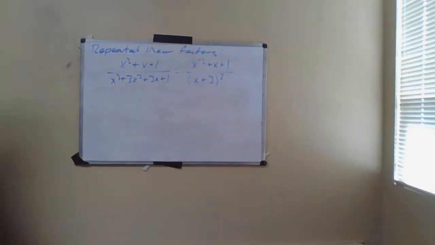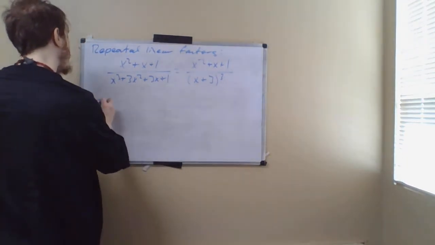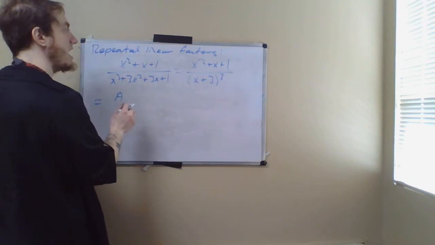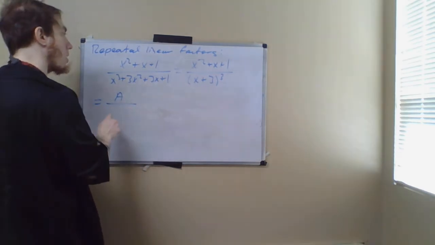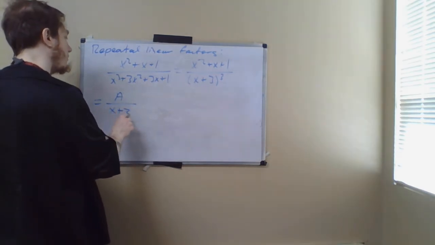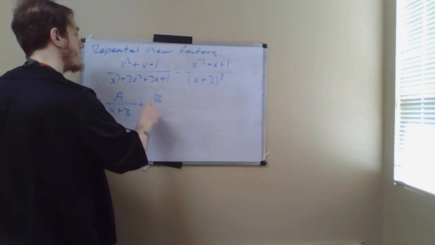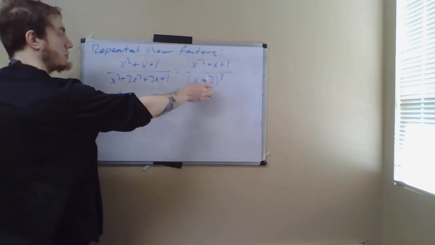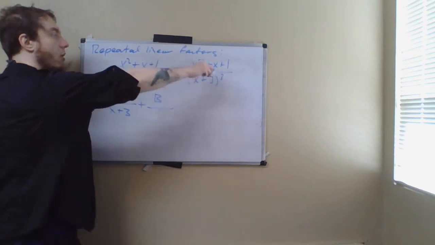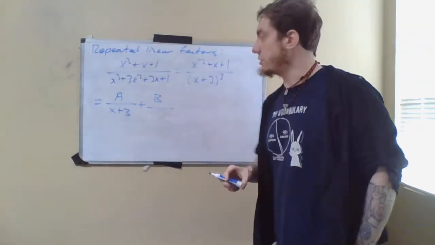When you are dealing with repeated linear factors, what you have to do is make a fraction for the factor by itself, and then make another fraction for each power of the factor going all the way up to its full multiplicity.